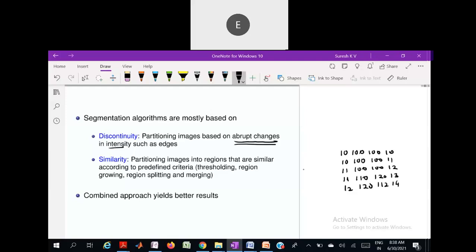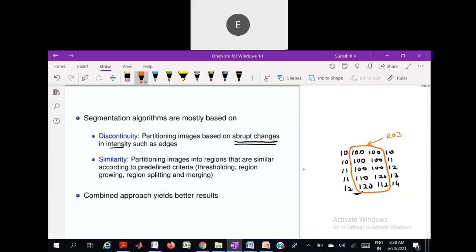I am only showing a part of the image because I cannot show the entire image. Obviously, you can see there is an abrupt change in the gray level value from 12 to 120, 11 to 2. So I can definitely use this edge detection algorithm and say that this is our region of interest, which I have separated from the background.